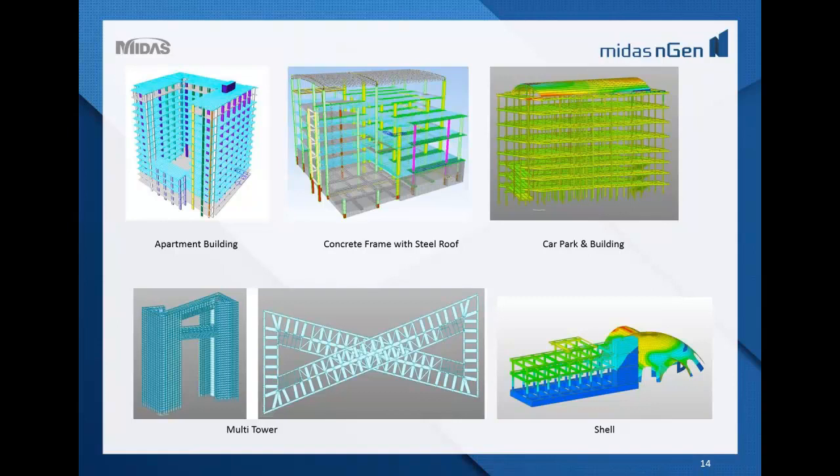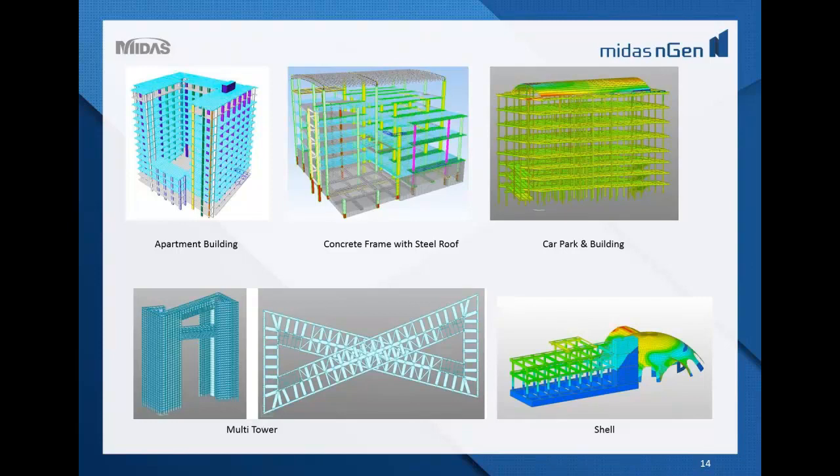You can have apartment buildings, you can have commercial buildings, like building having concrete frame totally from the ground floor, and you can have a steel roof at the top. It's a car park and building, actually, that's the example. You can have a multi-towered structure, not just frame analysis, but you can also do shell analysis and design in the software. So these are some of the applications.